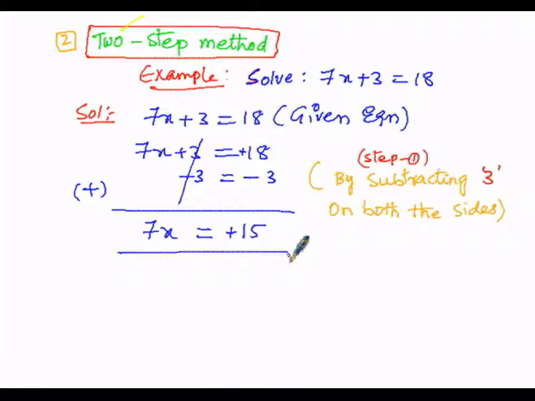Now we must get the x value, but x is multiplied with 7, so we have to transpose the 7 to the other side. I have to make only x the subject here, so dividing both sides by 7: 7x on the entire LHS divided by 7, and similarly the right hand side also divided by 7.